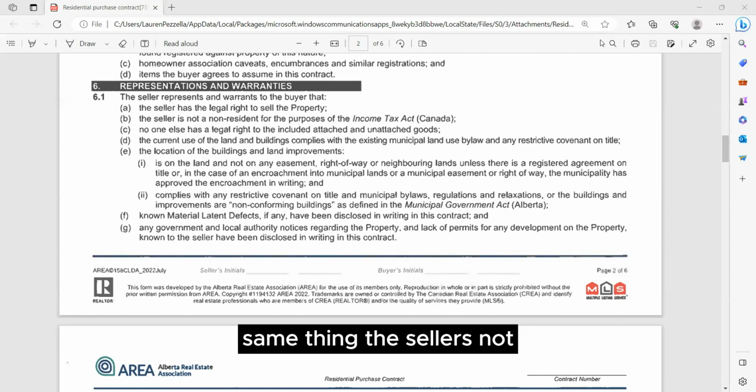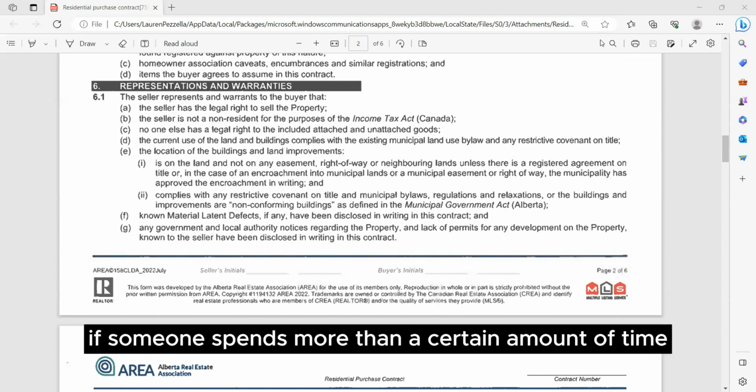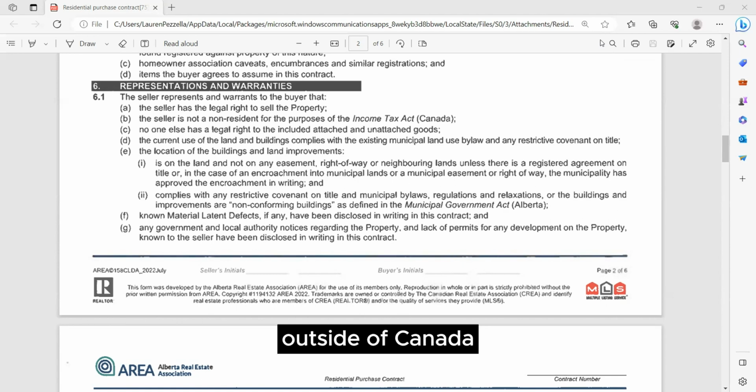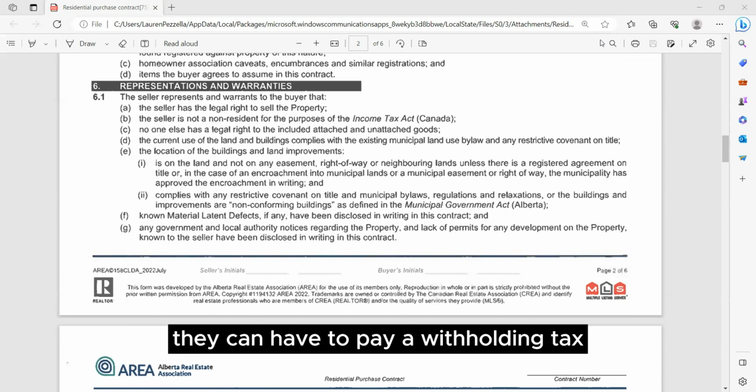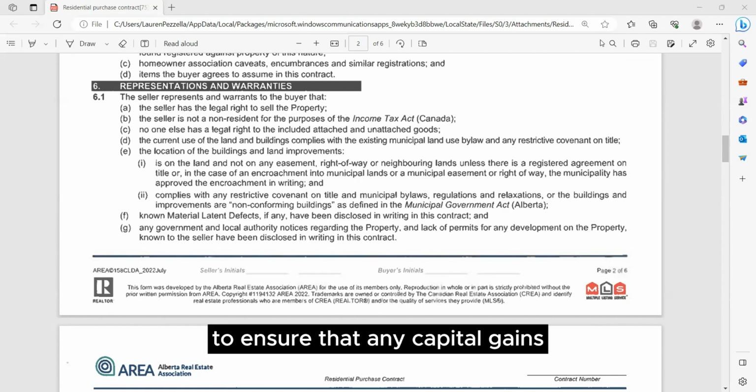Same thing: the seller is not a non-resident for purposes of the Income Tax Act. What that relates to is if someone spends more than a certain amount of time outside of Canada, they may have to pay a withholding tax to ensure that any capital gains or other taxes get paid accordingly.